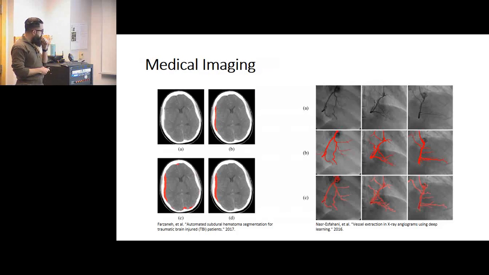All right. These are some images that are taken from my lab. This is a paper that Nagar put out last year, and this is another paper that was done by somebody else. The idea here is we have people who've had traumatic brain injuries, and we're trying to identify areas of trauma.